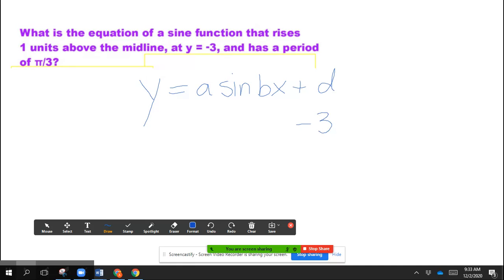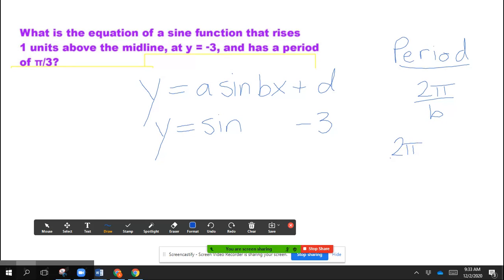I know that it rises 1 unit above the midline, so that means that my amplitude has to be 1. So y equals, I can choose to put a 1 or I can just do sine. Now I have to find what the b value is. We defined that the period of a sine and cosine graph is 2 pi over b. So if the period is pi over 3, I can say 2 pi over b equals pi over 3 because that's what the period equals.